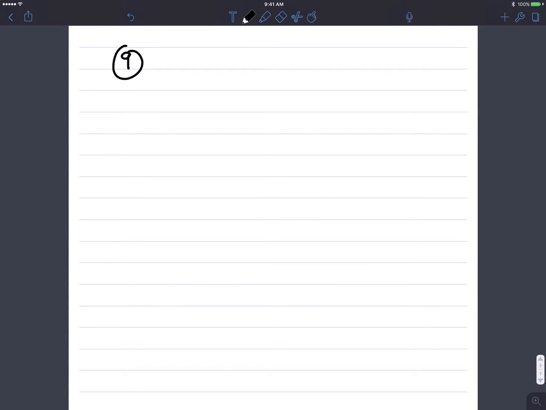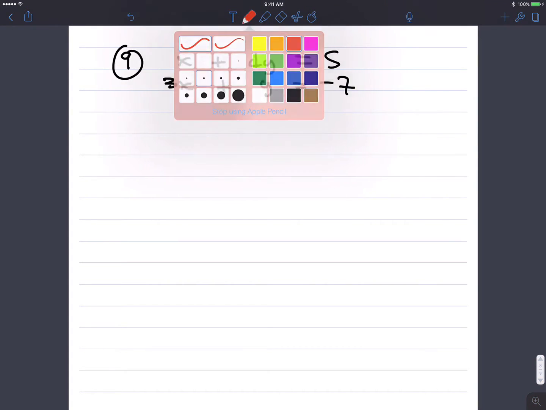Number 9. x plus 4y is 5. 3x plus y is negative 7. We're going to solve the second equation for y.